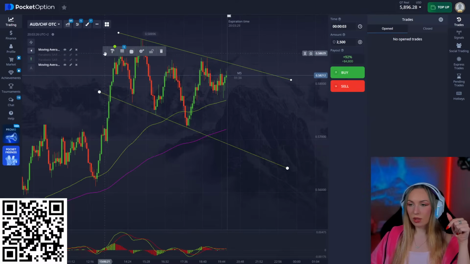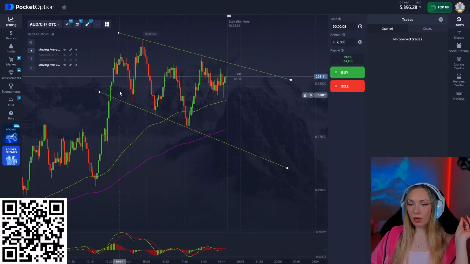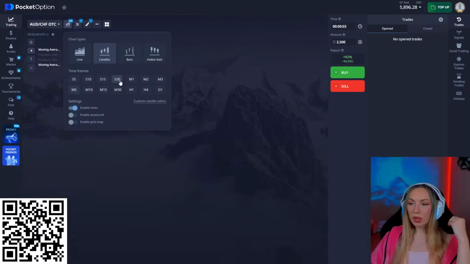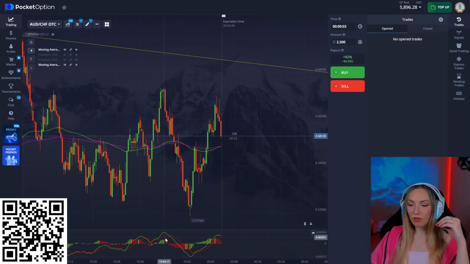You can see the channel right there, I just drew it. Basically the price touches the support, goes up, touches the support, touches the resistance, touches the support, almost touches the resistance, goes down, went halfway down and then went up again, and right now a signal is forming on the 30 seconds time frame to open the trade in the downward direction.